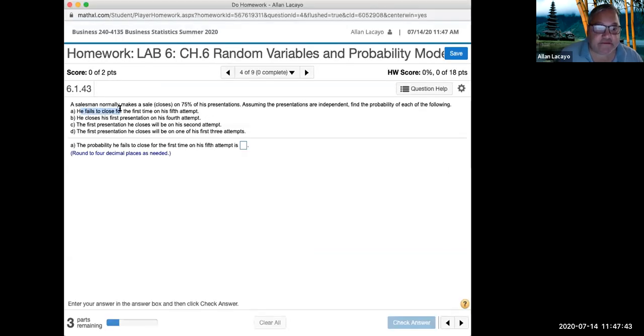It says here he fails to close for the first time on his 5th attempt. So now x is going to be equal to 5, even though p is still 0.25.